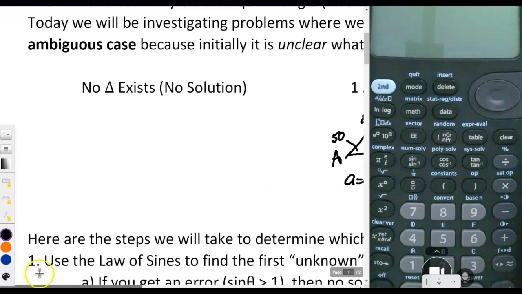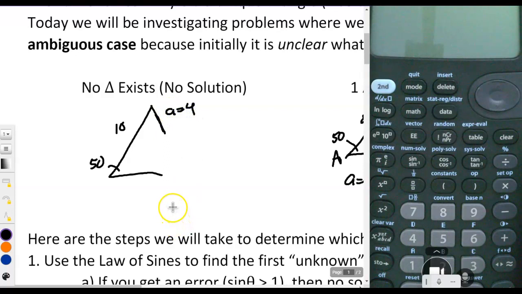And the last one we'll look at is when you have no solution. So let's say, lastly, that's 50, and this is 10. And what if I say the A value equals like 4? Right? There's no way, if this right here is 10, and this is a 50-degree angle, a length of 4 will just never connect to make a triangle. So no solution means it's physically impossible to draw a triangle with those lengths of sides.